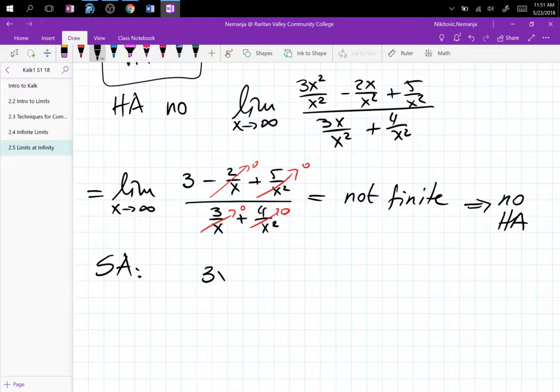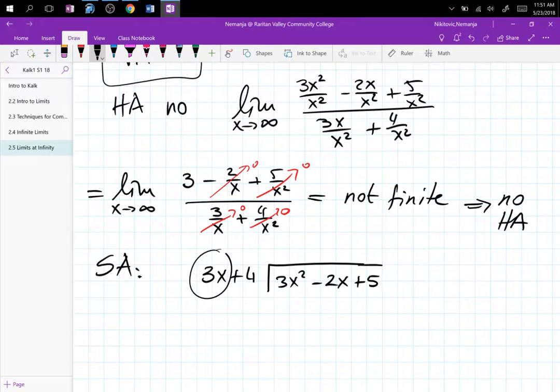So we have 3x plus 4 divided into 3x squared minus 2x plus 5. 3x goes into 3x squared x times.